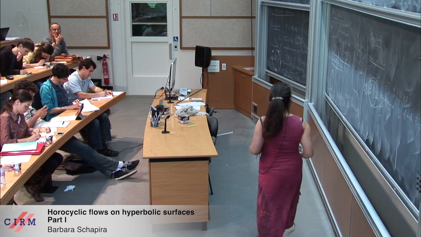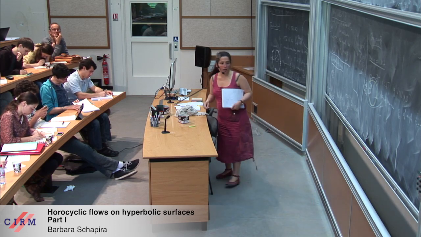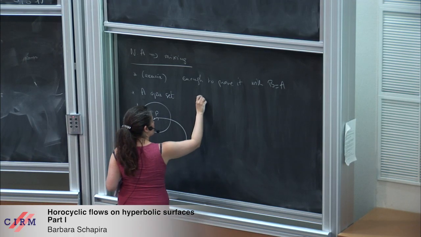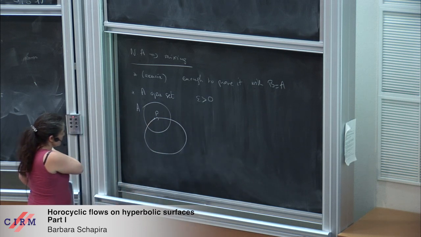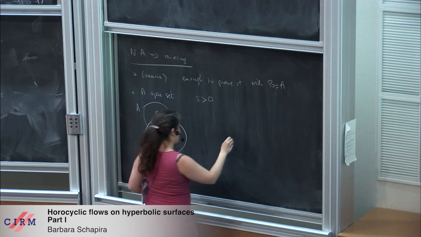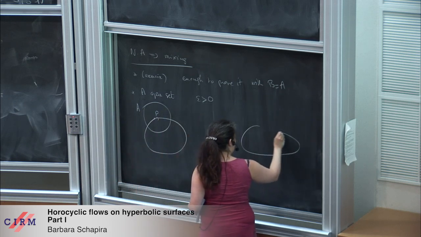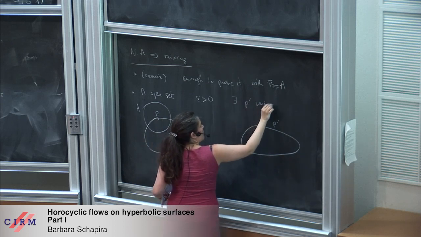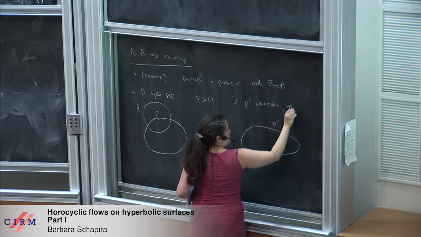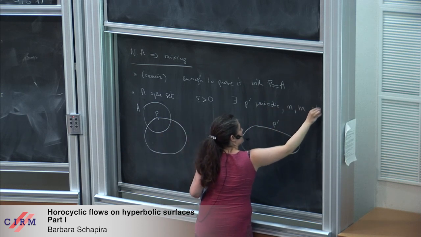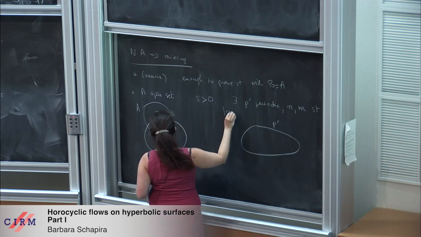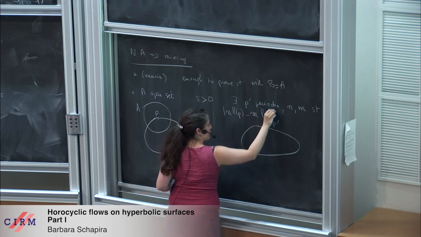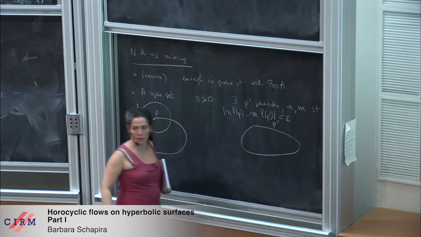And as the length spectrum is non-arithmetic, if you fix some arbitrary epsilon, there exists some other periodic orbit somewhere. So there exists a periodic orbit p prime, and also integers n, m, such that n times the length of p minus m times the length of p prime is less than epsilon.